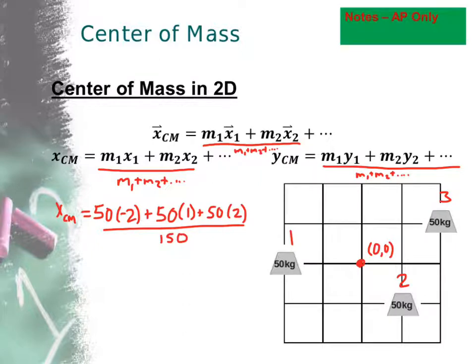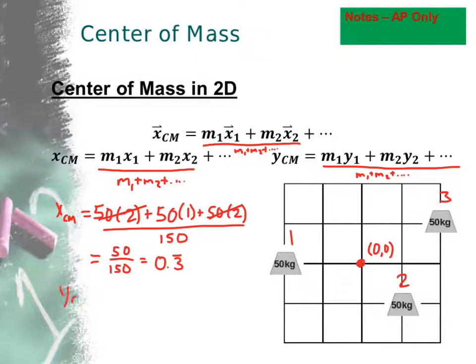Well, I could grab my calculator, but I quickly see that I have 50 times -2 here and 50 times +2. So those are going to add out, or subtract out, however you like to think of it. So I'm just left with 50 times 1 divided by 150. That is 50 over 150, or 0.3 repeating. So my x-coordinate of my center of mass is somewhere about 1/3 of the way between 0 and 1. About right there.